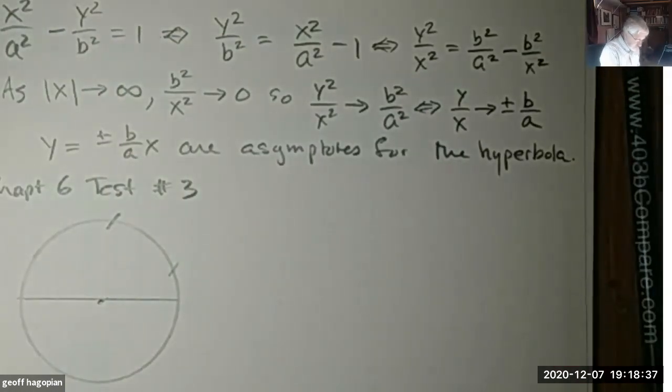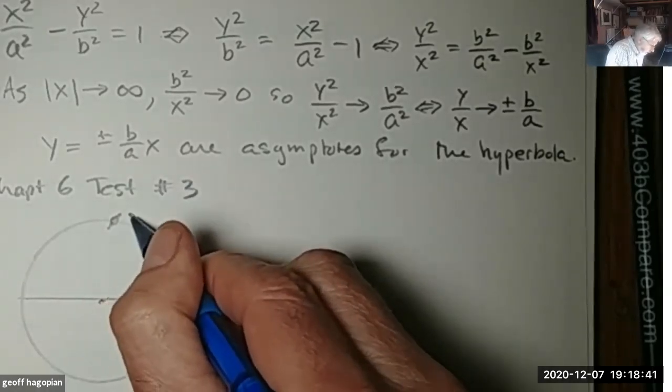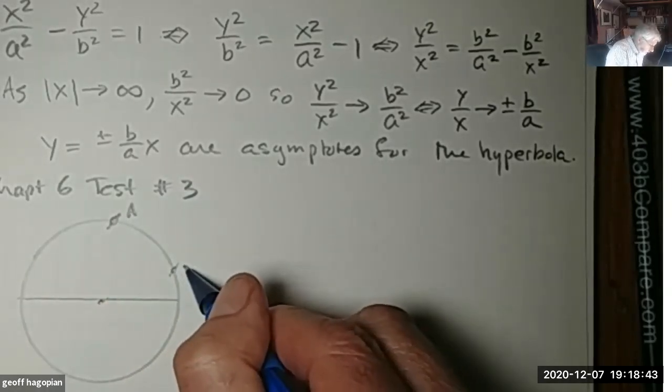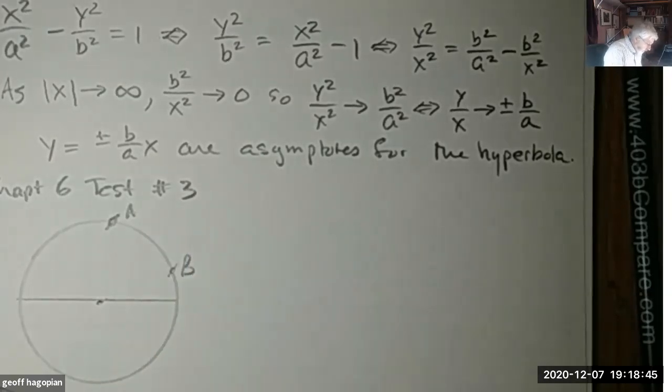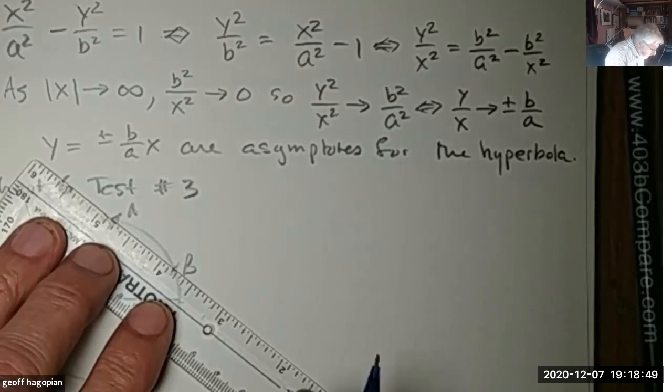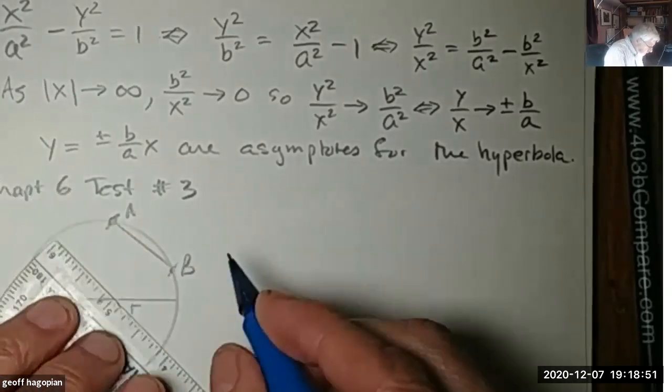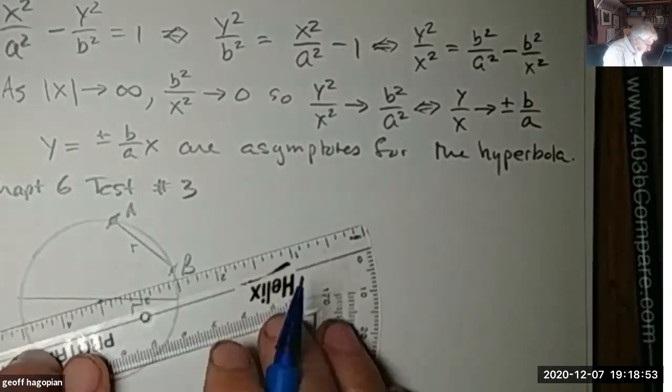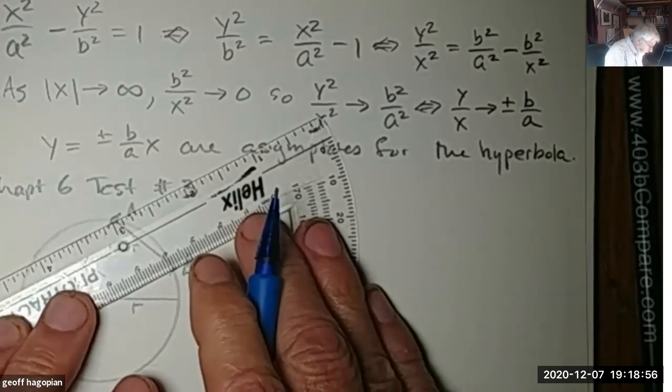So this is AB. So it subtends a circular angle, right? So this is R, and this is R, and it subtends a circular angle.